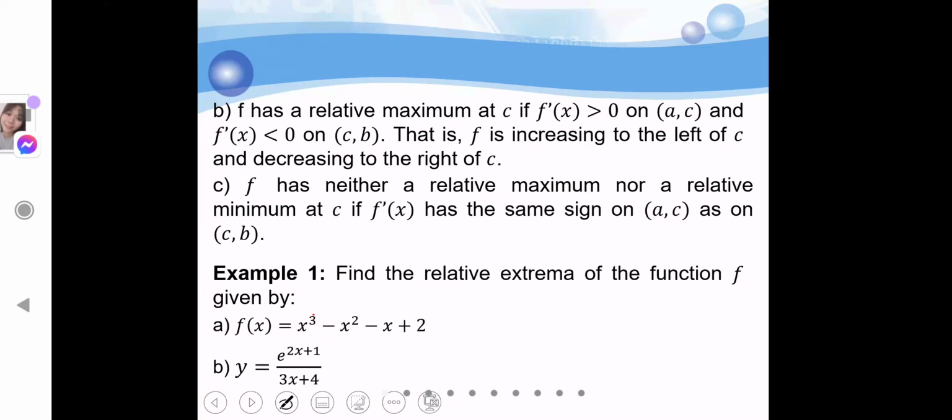Now, I will show you this example. From this theorem, how many steps are needed to solve the problem? Find the relative maximum and minimum values of the function.